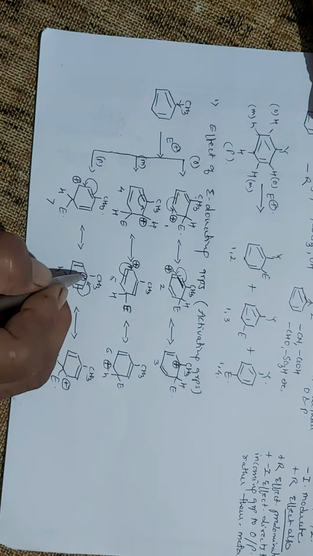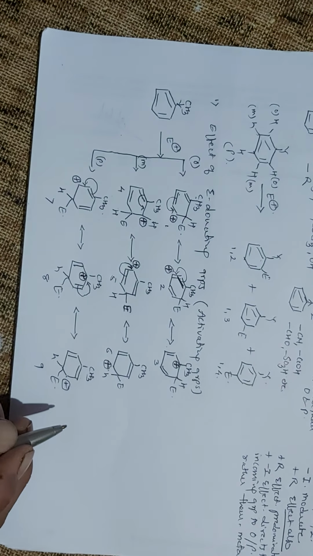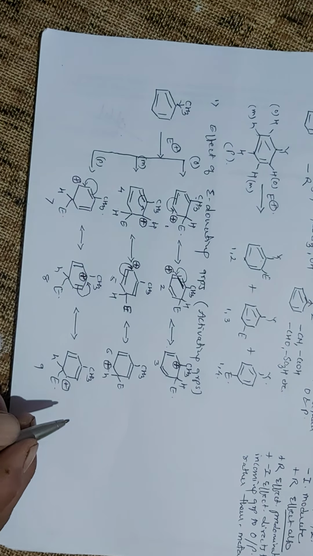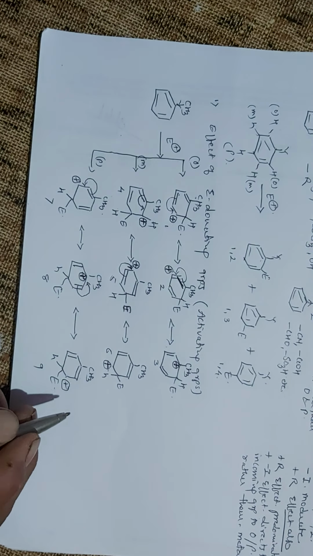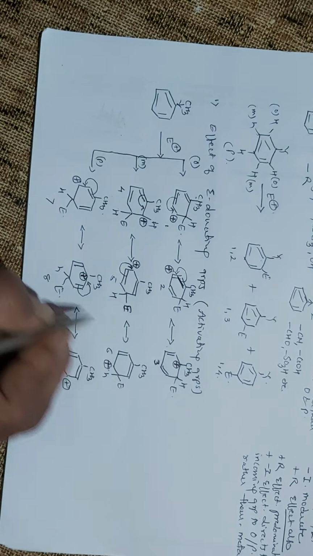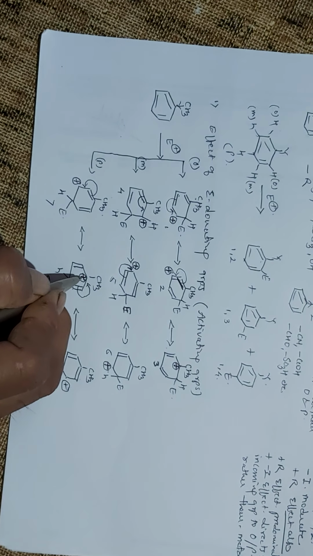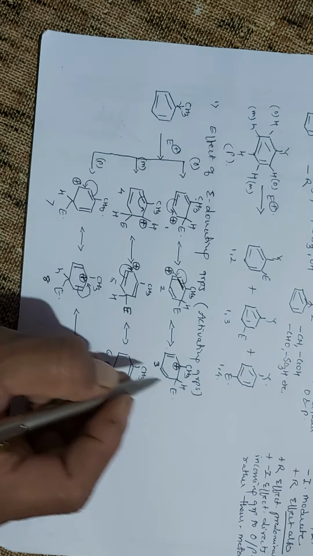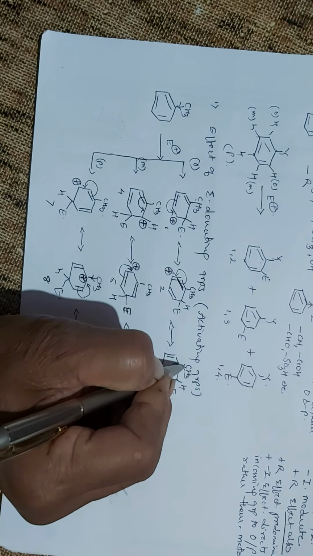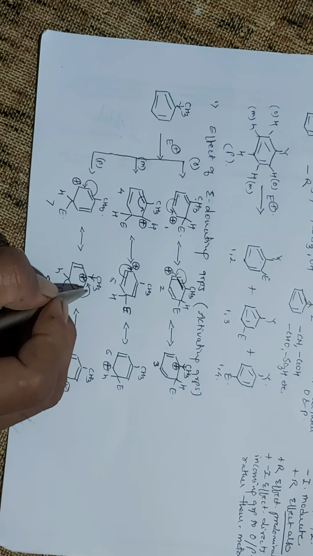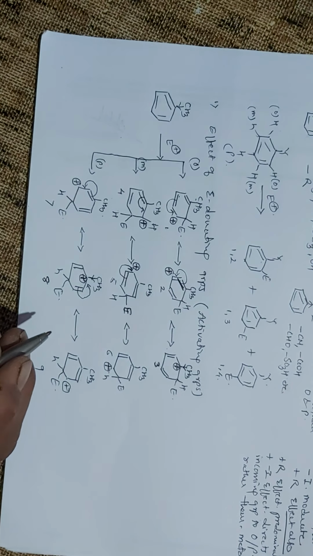Now let's see which of these 9 resonating structures is the most stable amongst all these 9. By virtue you can see that structure number 3 and structure number 8, where the positive charge on the ring carbon is present on the carbon where the electron donating group is present, are more stable.